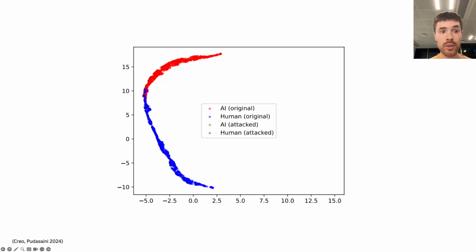So essentially, you would be able to very easily distinguish if something has been generated by AI or not by knowing if it lands close to the red or the blue points. But let's see what happens if we take the same texts. Literally what I did was taking the same texts and plotting them again after using homoglyphs on them.